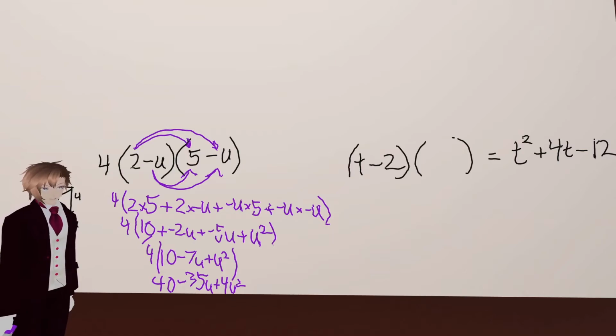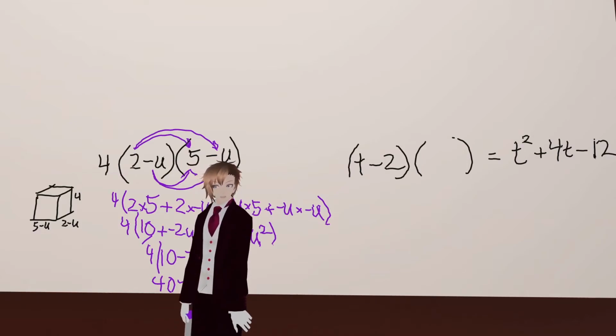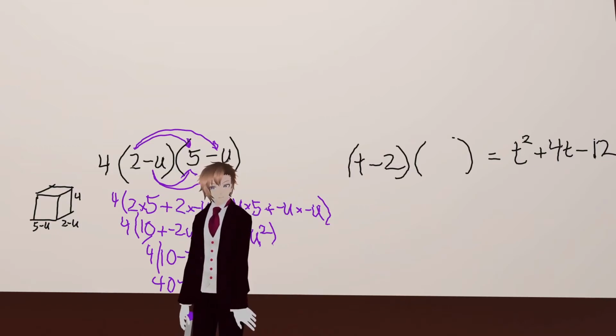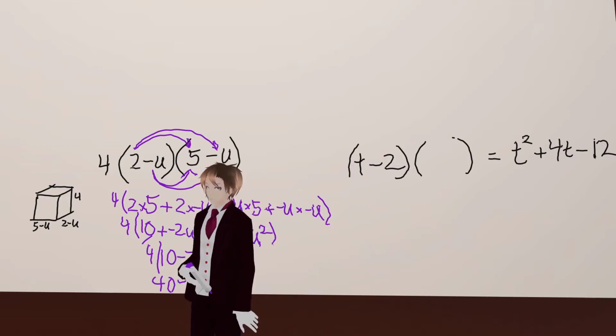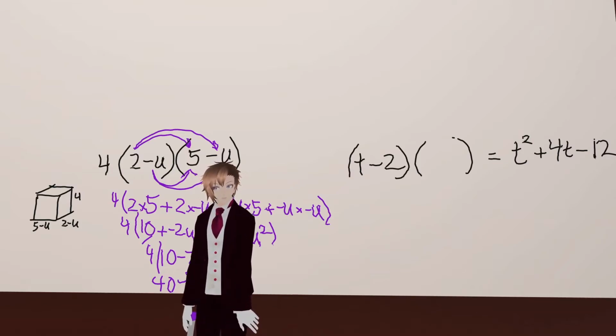Here we have 3 things times together. In maths, when we times 3 things together, that reminds us of a formula. That formula is a cube. We have length times width times height. So when you're dealing with binomial expressions like this, you might be asked to work out the volume of this cube.